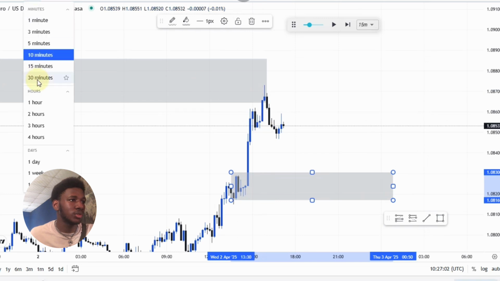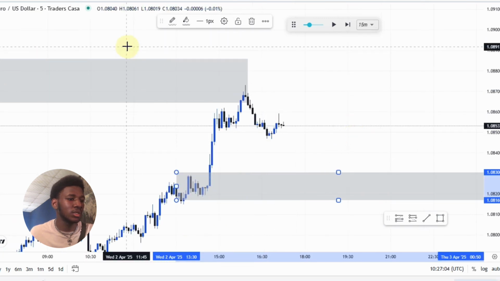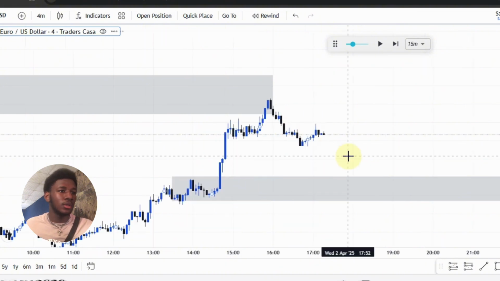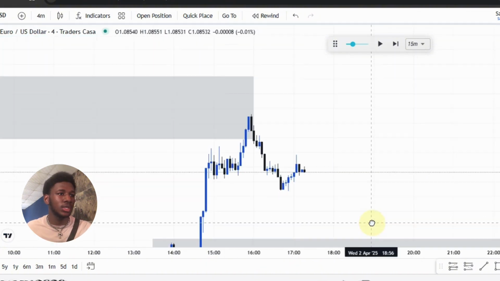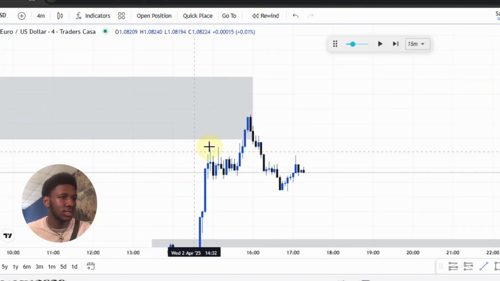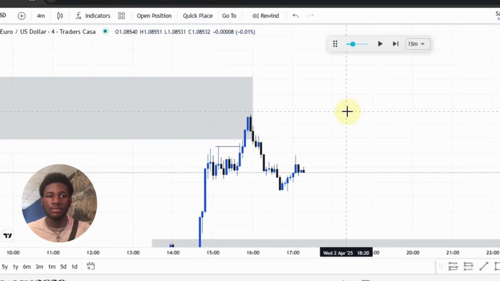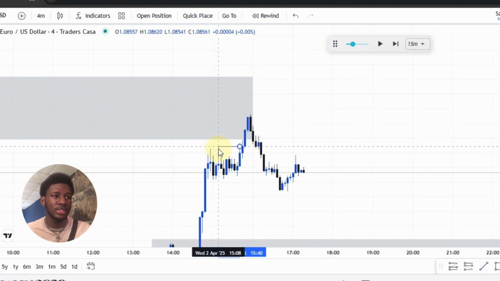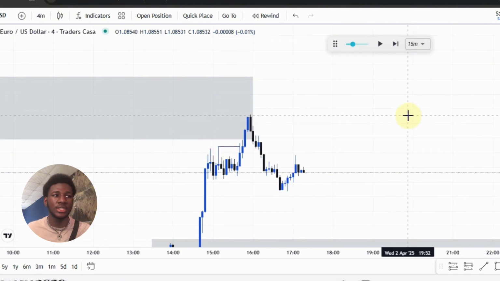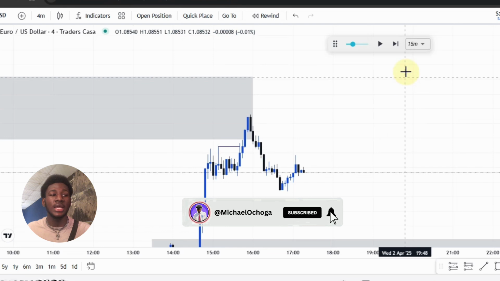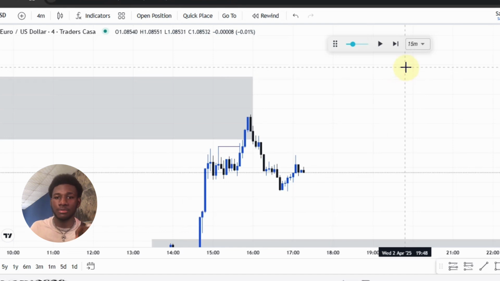We had a drop. So I'm going to go to the 5 minutes, I think, or the 4 minutes looks good. So after we had this drop, what do we have here, guys? This was our last break of structure, right? Remember, in my first video when I was teaching you how to trade SMC, I said the two most important areas, after you have gotten a mitigation on your higher time frame zone, are the last high price formed before mitigating that zone and the last low price formed after mitigating that zone.